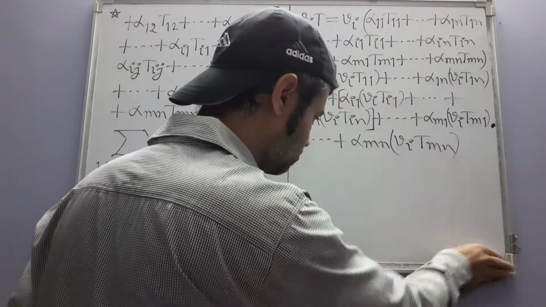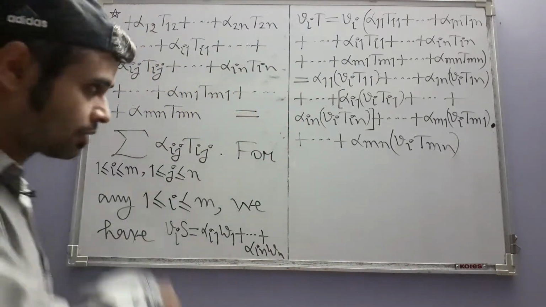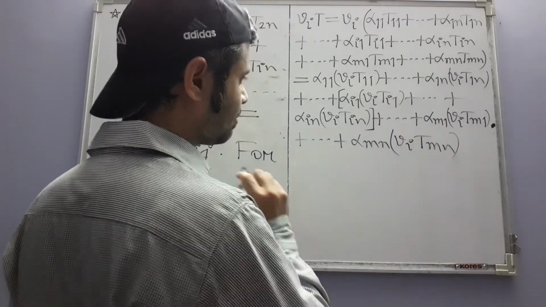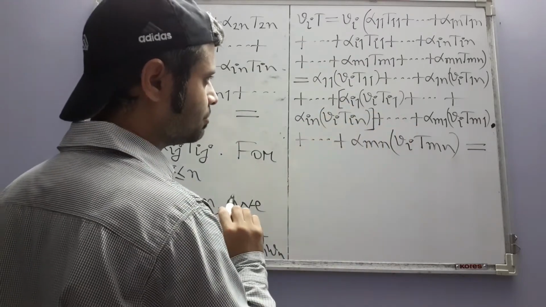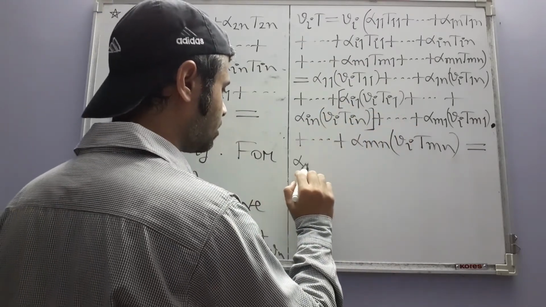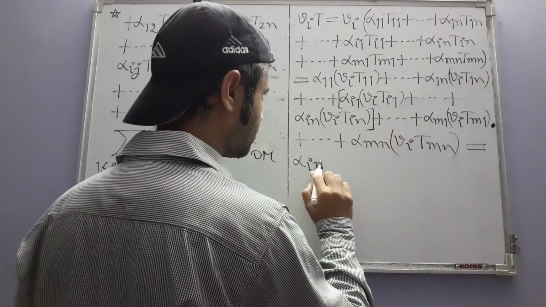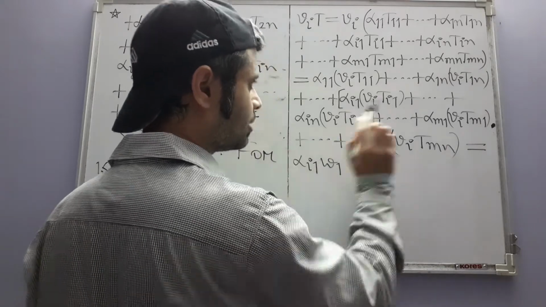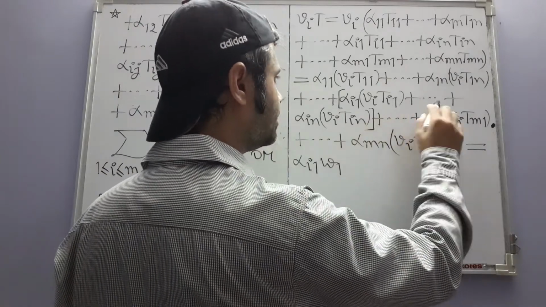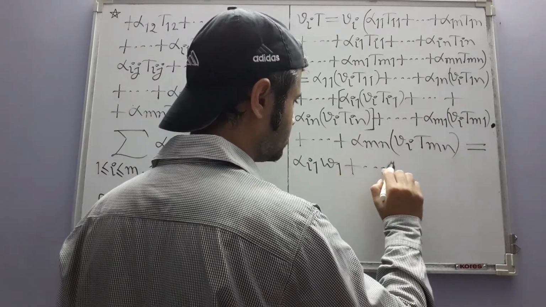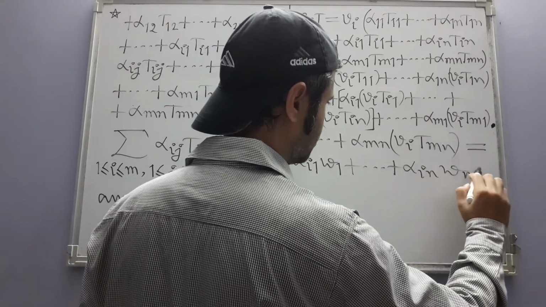So I myself got quite confused here, but anyway, the confusion is not something fatal. So only this part of the sum survives, and we have alpha i1 W1, and then alpha i2 W2, and it will go like this up to alpha in Wn.